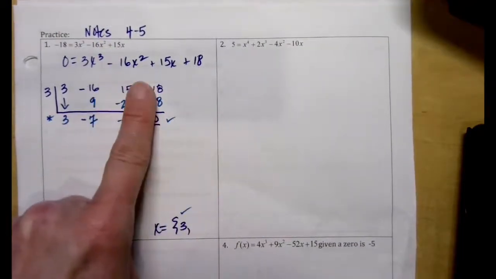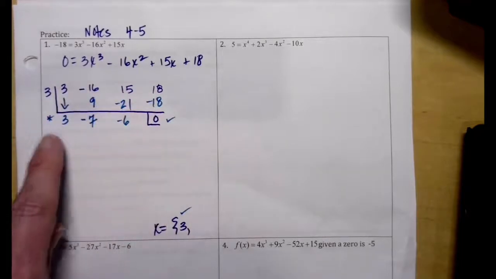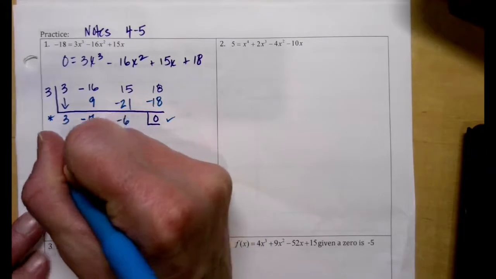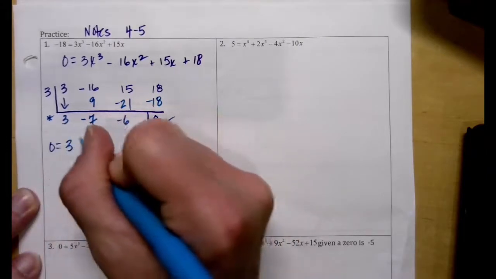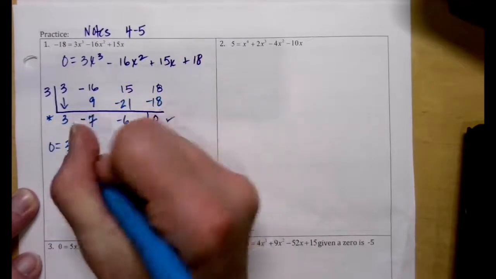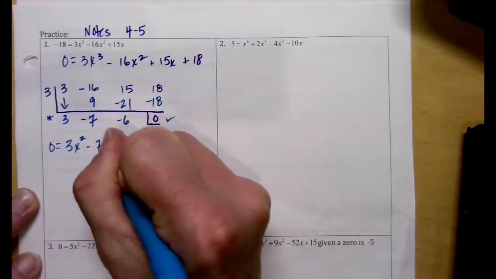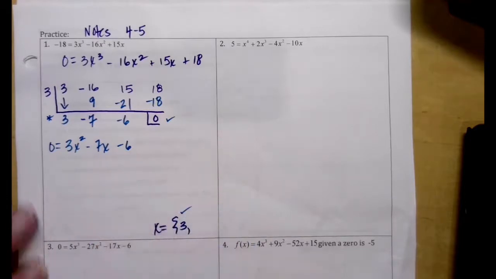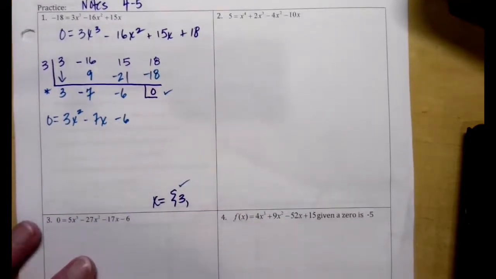This is no surprise. The only reason I'm doing this is because these are the coefficients that I need for my next level. My next level equation is 3x squared minus 7x minus 6 is equal to 0. So I'm going to go ahead and do the quadratic formula.